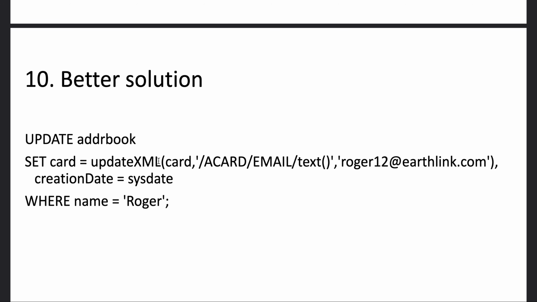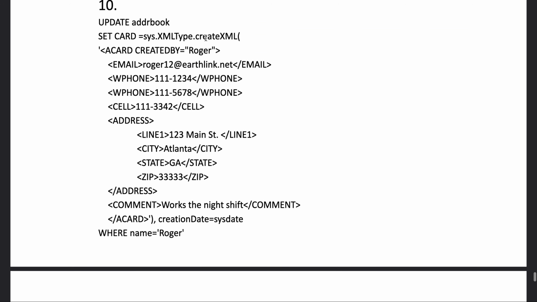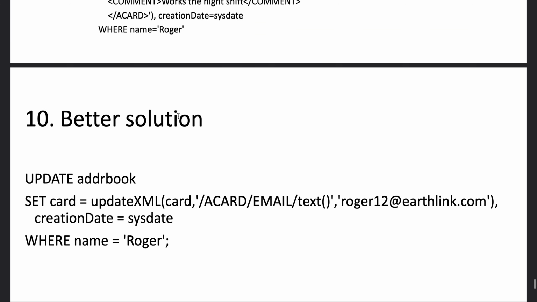So we were using create XML, and now we're using update XML. Update XML the card, and you have the XPath and the text, and this is what you want to now change it to. So we say roger12@earthlink.com, and then the creation date will also be system date, so it'll be updated as well, where name equals Roger.